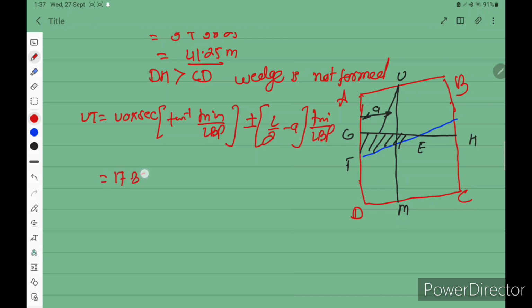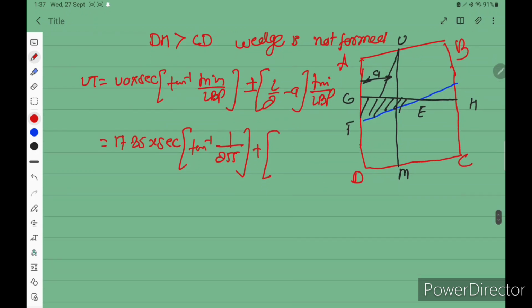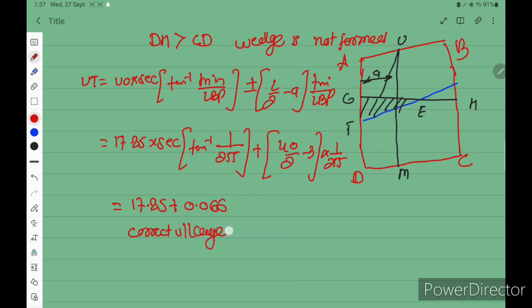So use 17.85 into sec tan inverse 1 upon 255 plus, LG is also on the stern side and the trim by stern, so plus 40.2 minus 3 into 1 upon 255, so 17.85 plus 0.066. So the corrected UH we get is 17.916 meters.